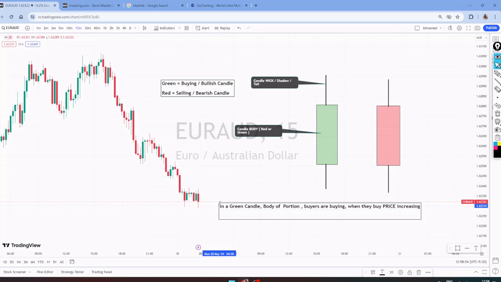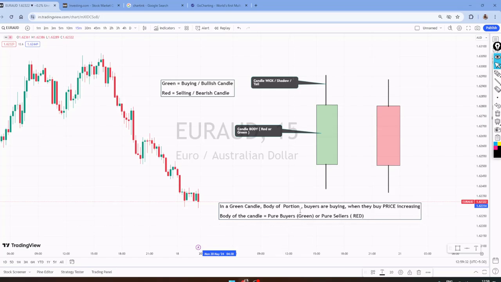In a nutshell, body of the candle is equal to pure buyers or pure sellers. What do you mean by pure? Only buyers are buying, only sellers are selling. Okay, body of the candle equal to, if it is green, it's pure buyers. I'll give the bracket. Green means pure buyers, red means pure sellers.